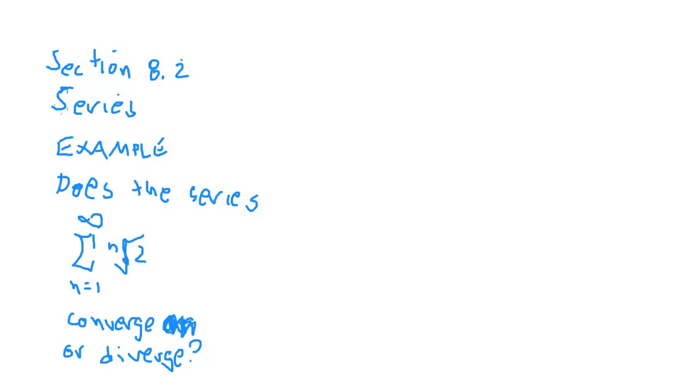So I want to look at an example here on the whiteboard. The series is an infinite series. The sum goes from n equals 1 to infinity of the nth root of 2.